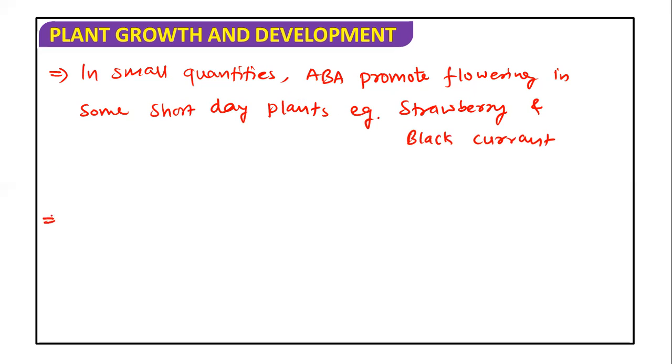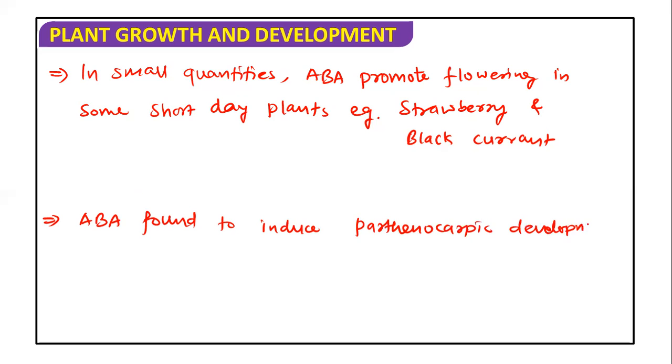Apart from this, if we talk about some more functions, ABA is found to induce parthenocarpic development in rose.